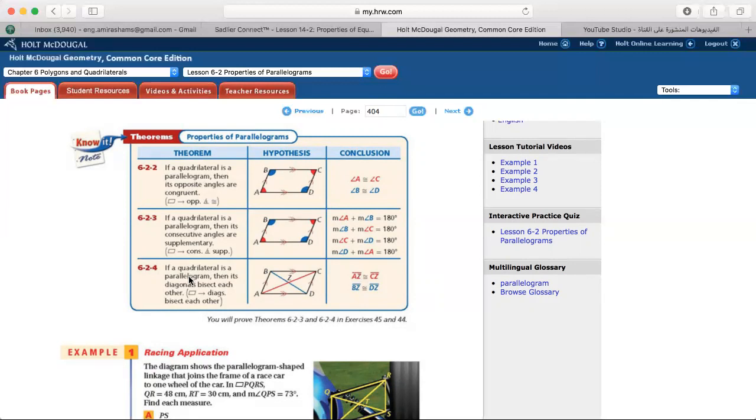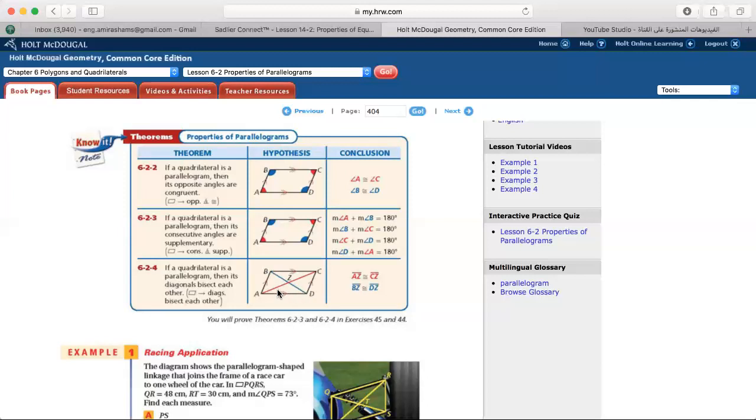What else? The third property: if a quadrilateral is a parallelogram, then its diagonals bisect each other. Bisect each other means that, where are the diagonals of this one?